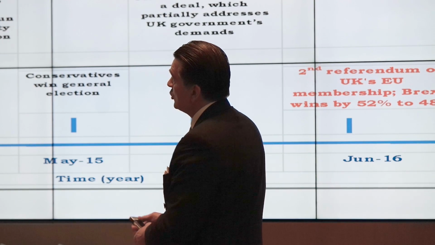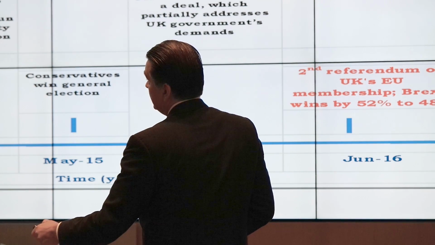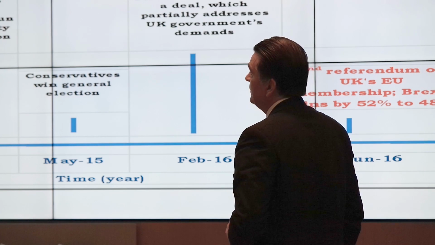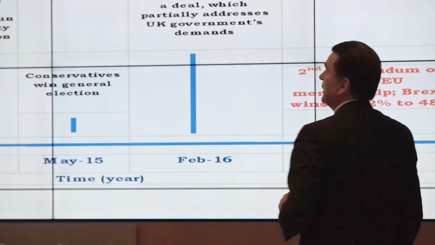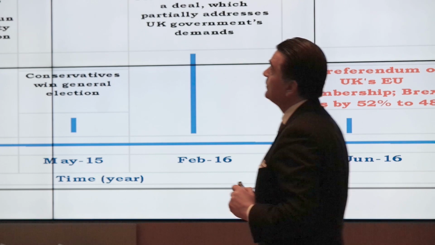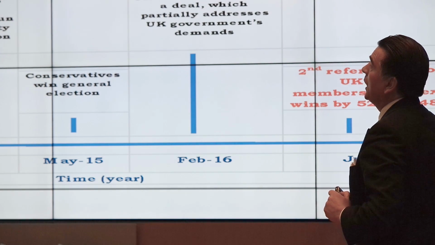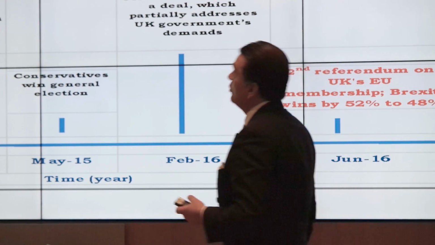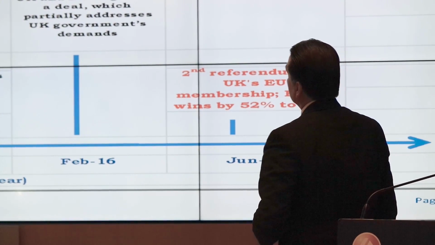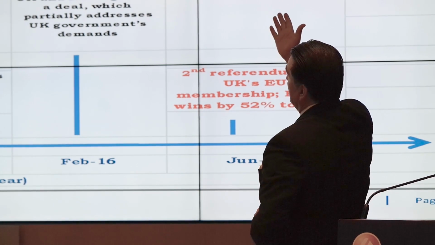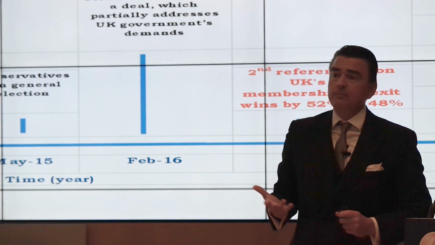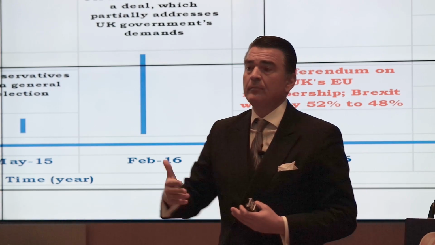It starts with the establishment of the European Steel and Coal Community in 1951, the establishment of the European Economic Community in 1957, the joining of the UK to the European Economic Community in 1973, the first referendum in UK on EEC membership, where the yes vote basically won with 67%, the establishment of the Single European Act, of course the Maastricht Treaty in 1992, where the UK basically was granted a number of opt-outs.